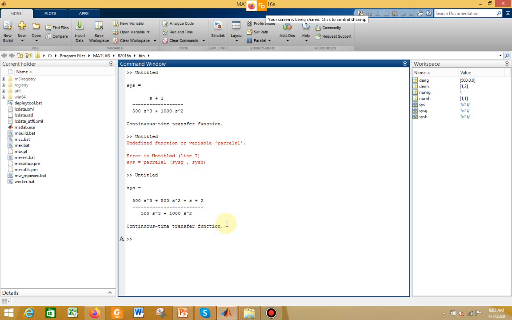So this is how you are going to add multiple transfer functions connected in parallel configuration by using this command.